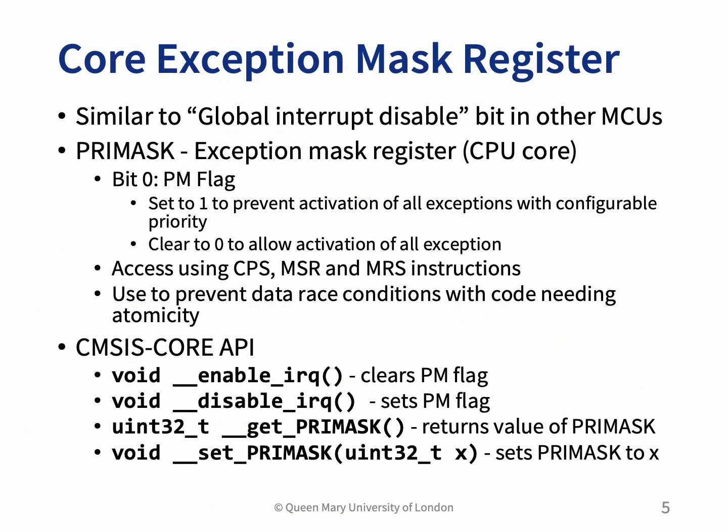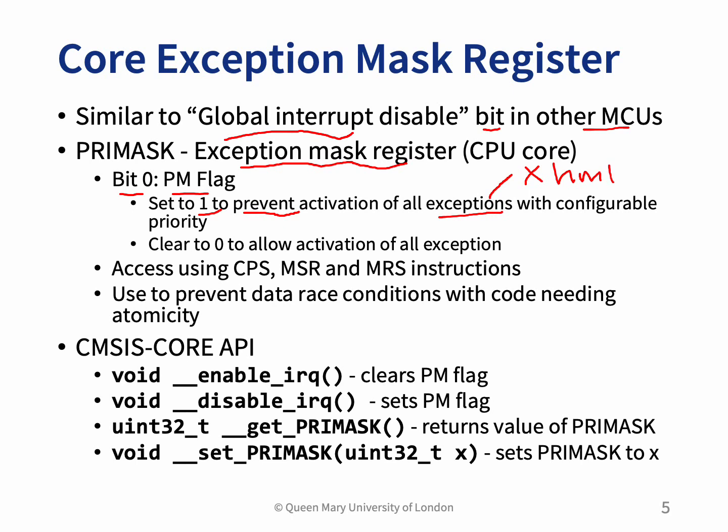For the exception mask register, it is similar to the global interrupt disable bit in other microcontrollers. PRIMASK, or the priority mask register, is an example of the exception mask register. Bit 0 of the PRIMASK is the PM flag. Setting it to 1 prevents the activation of all exceptions apart from the non-maskable interrupt.